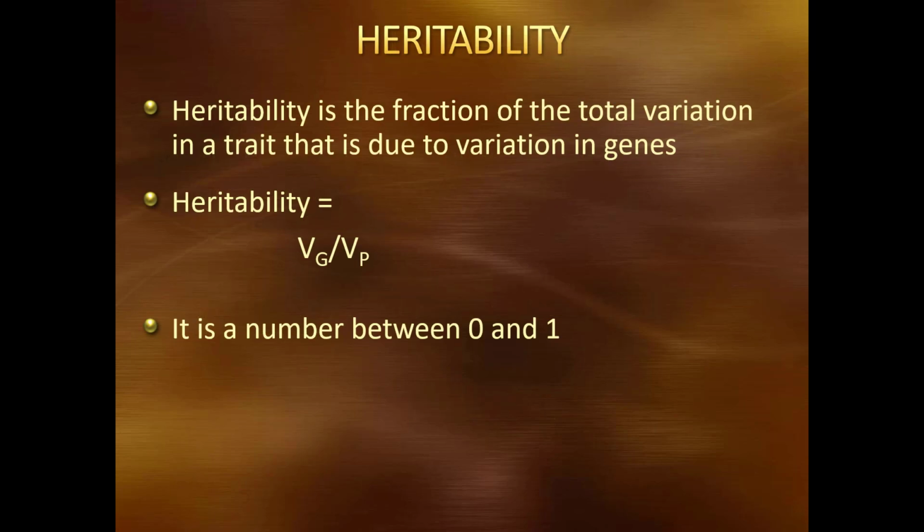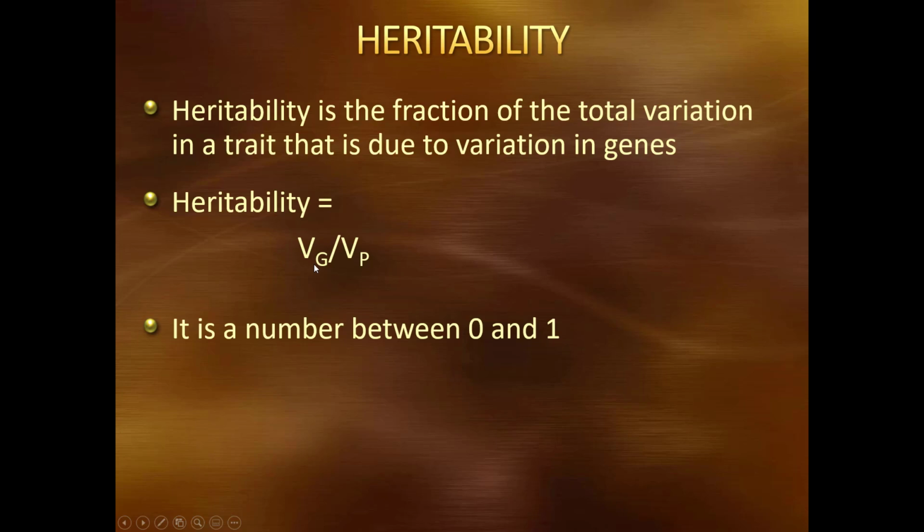Basically, when we talk about heritability, we're asking how much of that is due to genetic variation. So we see a fraction here. If we take phenotypic variation and put that in the denominator, because that's the whole variation, and then the portion of that which is genetic in the numerator, you're going to get some number between 0 and 1.